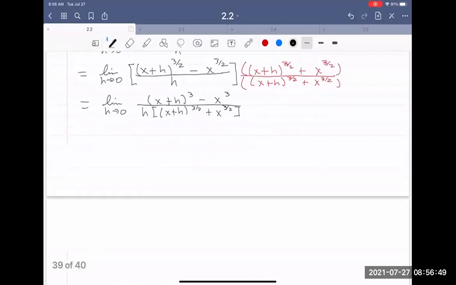So this is equal to, well, let's cube this out.